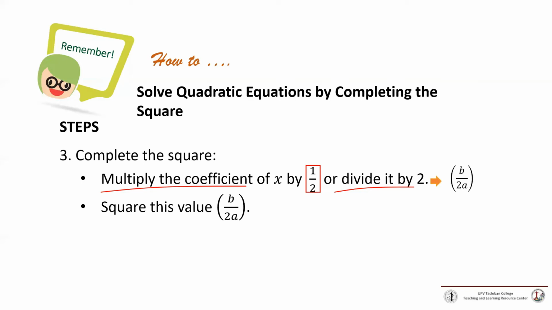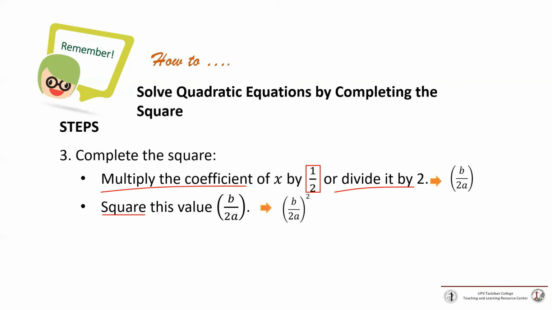And then after multiplying by 1/2 or dividing it by 2, you have the value b over 2a. Then you square that value.